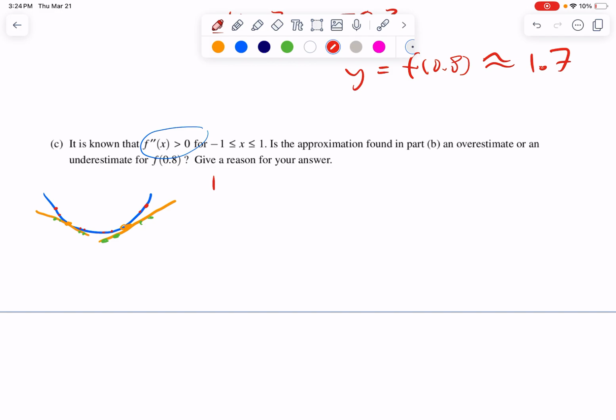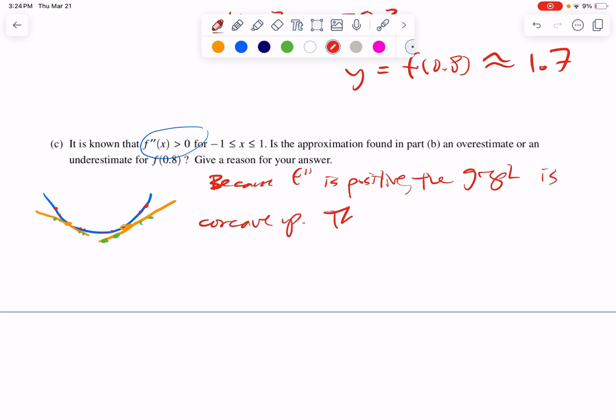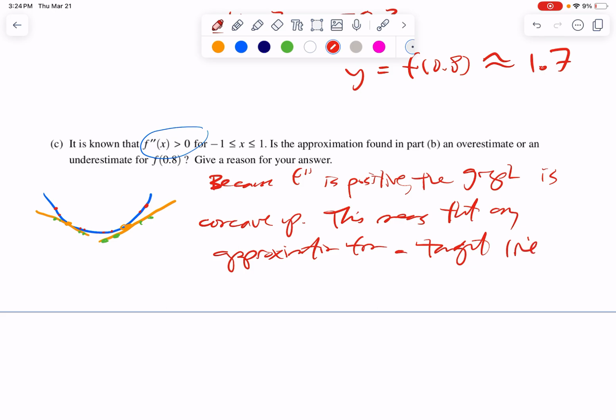So we could say, because f double prime is positive, the graph is concave up. This means that any approximation from a tangent line is an underestimate.